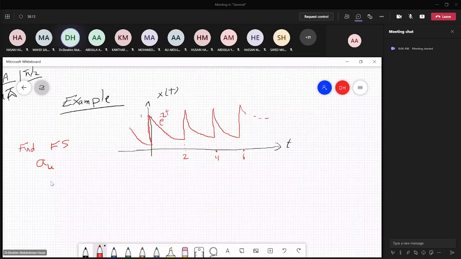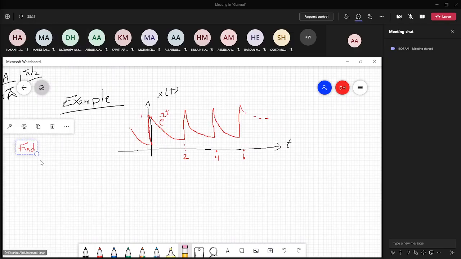Or if the question is like this, find the Fourier series coefficient, or sketch the spectrum, both of them are the same question. It means that the best is to use form number 1.